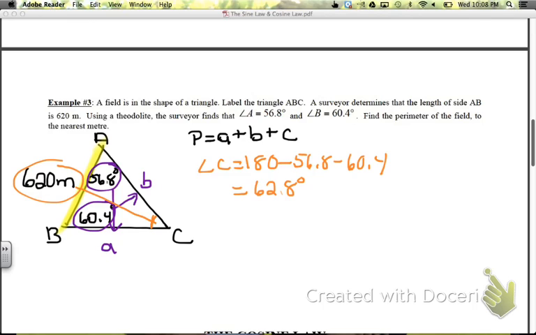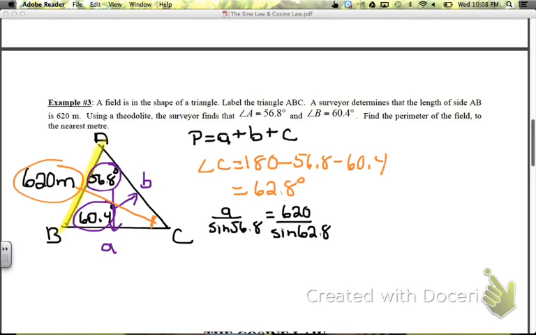So now I have one of my ratios here, and now we can go ahead and solve for A and B. So let's first solve for A. I'm going to have A over sine 56.8, which is equal to 620 over sine 62.8. And that is all because of my angle C and my side C.